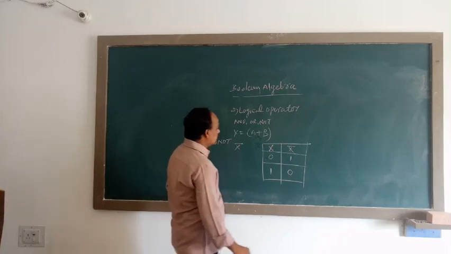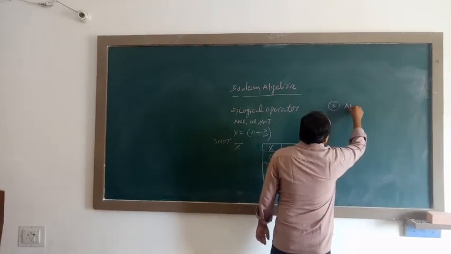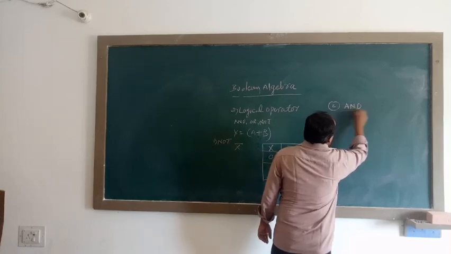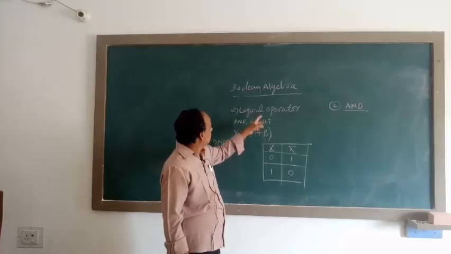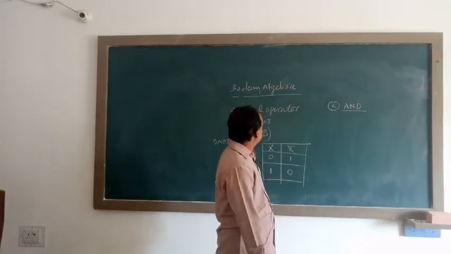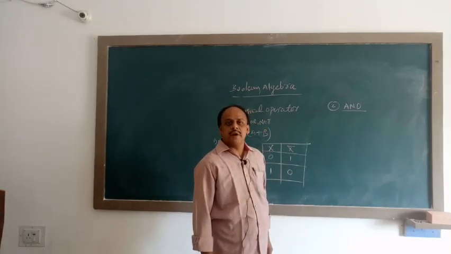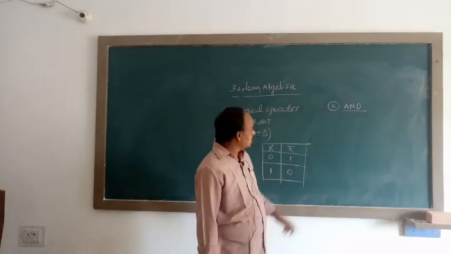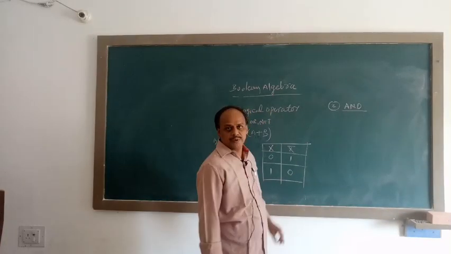And the second thing, AND operation. AND is one of the logical operators. AND operator is nothing but logical multiplication. Logical multiplication is considered as the logical AND operator.